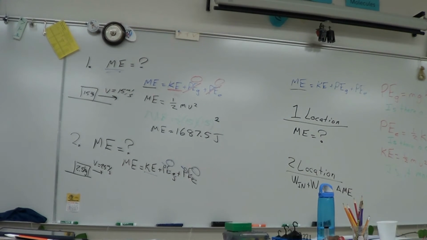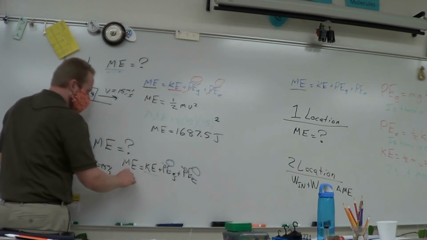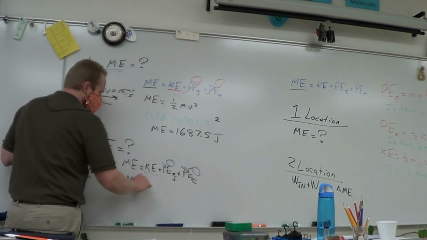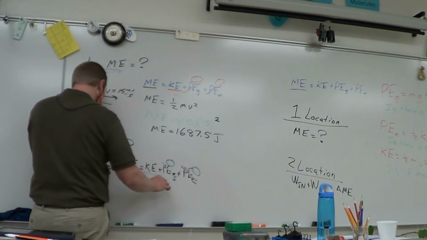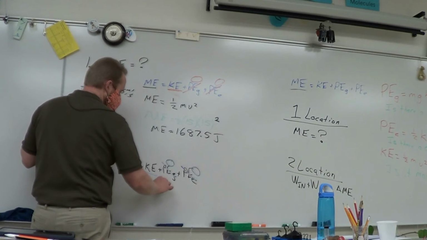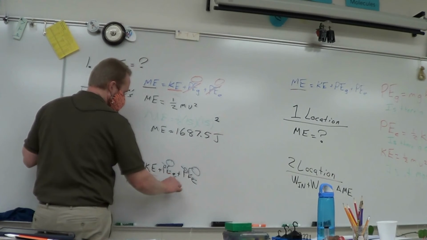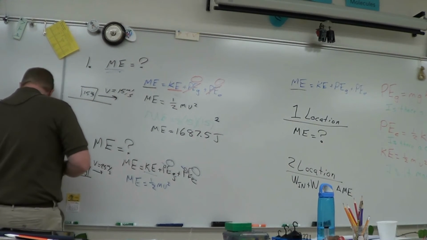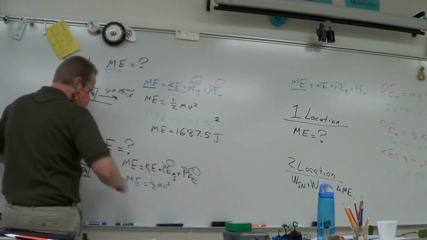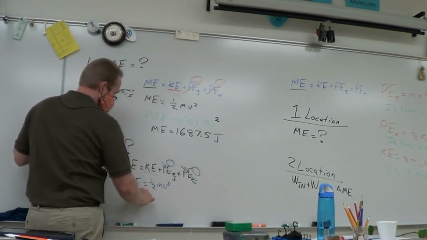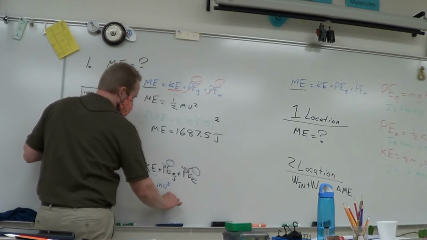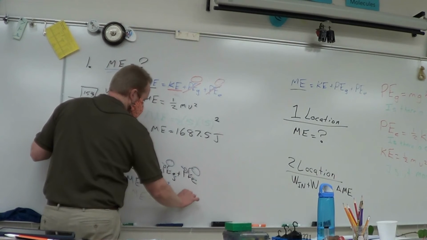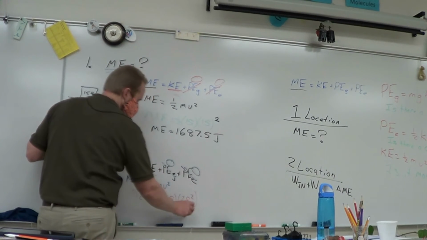So in this question, all of the mechanical energy this object has comes from the kinetic energy, and we calculate that by taking 1/2 times the mass of that object times the velocity of that object squared. ME is equal to 1/2 of 2.5 times 25 squared.